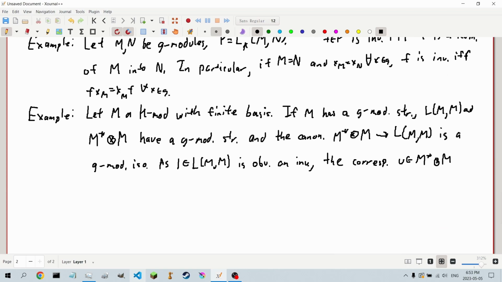It's invariant because by the bracket, I believe it's going to get sent to 0, no matter what is bracketing it. So the corresponding U in M star tensor M is also an invariant.